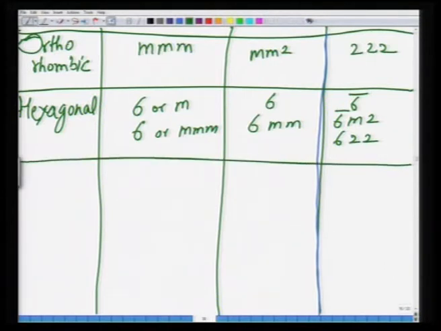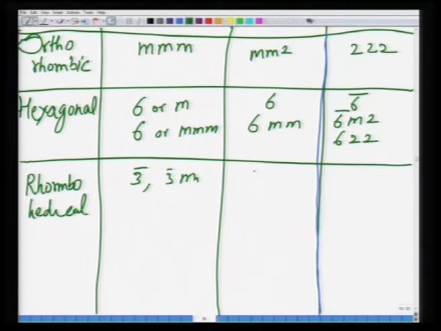And now we will take rhombohedral. So, you have bar 3 and bar 3m, and here it would be 3m, and non-centrosymmetric non-polar would be 32.